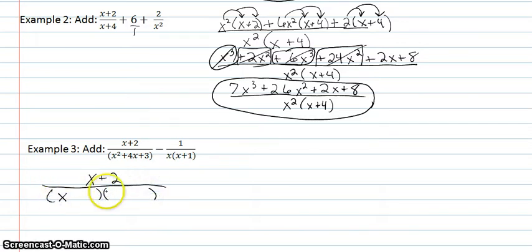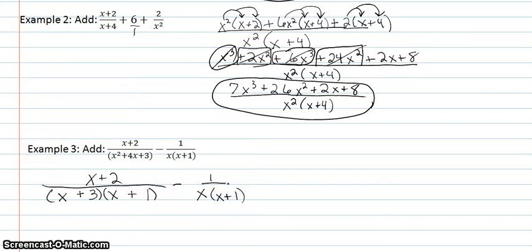So an x times an x would give me the x squared. And then factors of 3, well, that's pretty easy. It's a prime number, just 3 and 1. It's positive, so they're both going to be the same sign. And then our middle term is positive, so that means they're both going to be plus signs. And then we're going to have our next term. We don't need to factor it. It can just stay as it is.